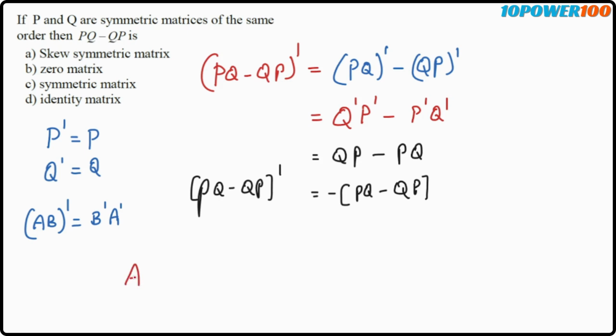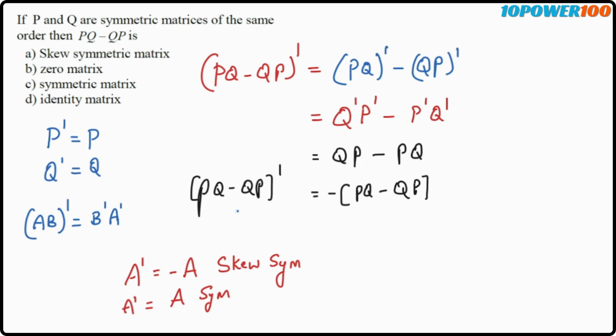So the condition is, after taking the transpose, if we get minus A, then it is a skew symmetric matrix. And after taking the transpose, if we get back matrix A itself, then it is called a symmetric matrix.